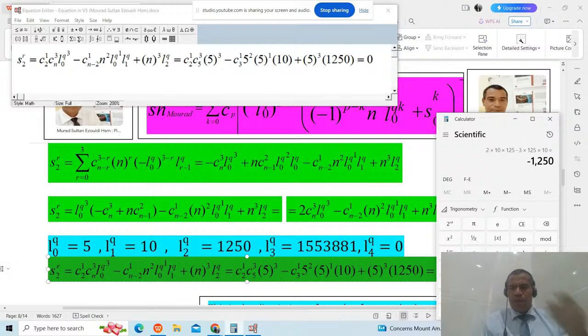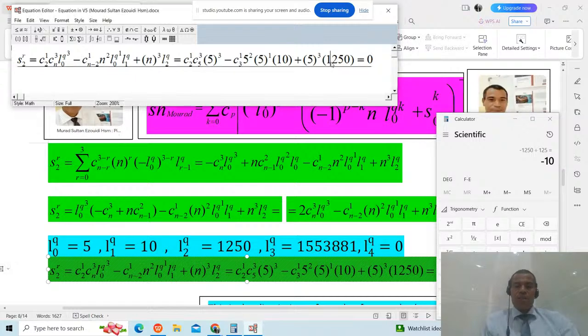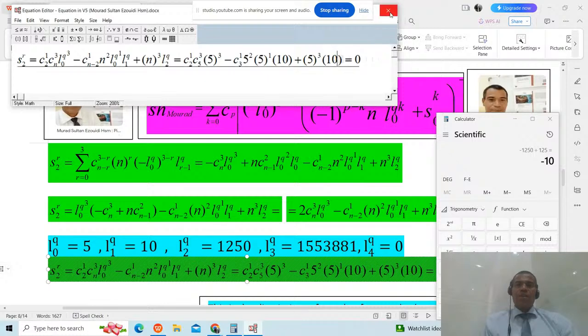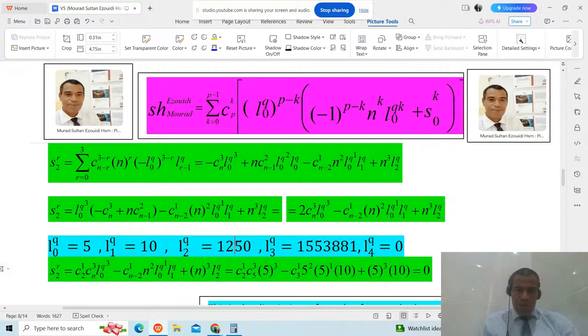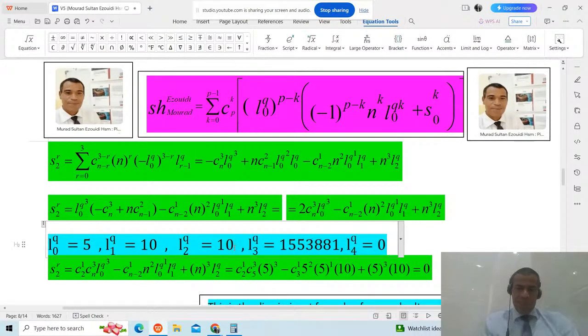Equal, then this divided by 1.5, I will obtain negative. This is 10. Therefore this one is equal to 0. It's clear now. So this coefficient is 10 exactly.